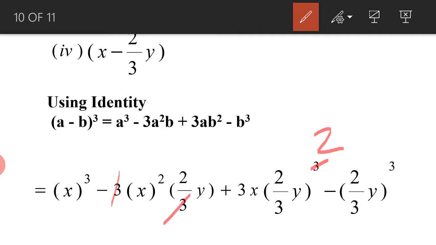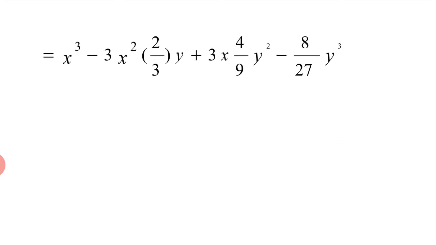Now here 3 and 3 you will not cancel because there is square. Is it okay? So you will cancel it afterward. So let us go to the next step. So it will be x cube minus 3x square 2 by 3 y, then plus 3x 4 by 9 y square minus 8 by 27 y cube. Now here we will go with the cancellation.